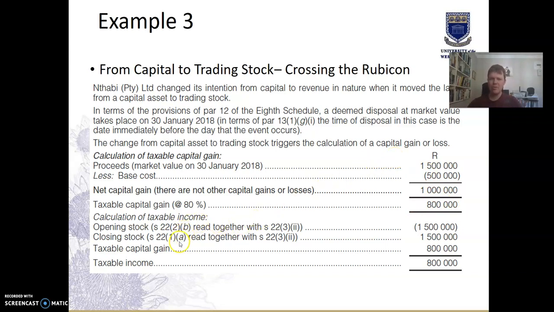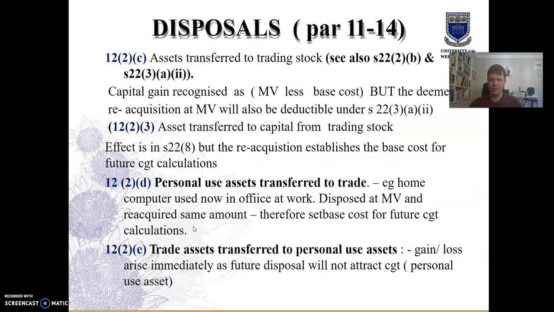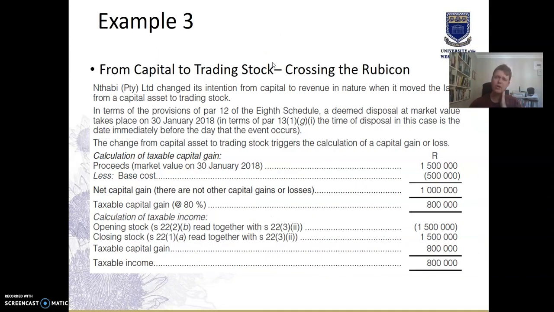What then comes afterwards is, remember, I'm going to go back 2 slides. This was something that became trading stock. So you're deemed to, in effect, acquire this stock at 1.5 million, the market value on the day of the change. You can't get a Section 11A because there's been no actual expenditure, but Section 22(3) says, hey, wait a minute, you can include it in opening stock. There's your deduction.